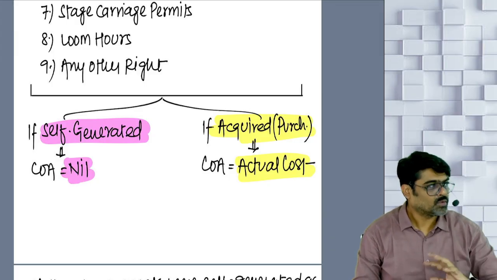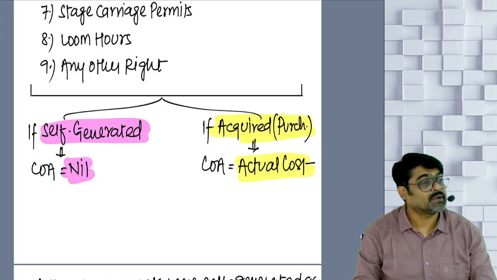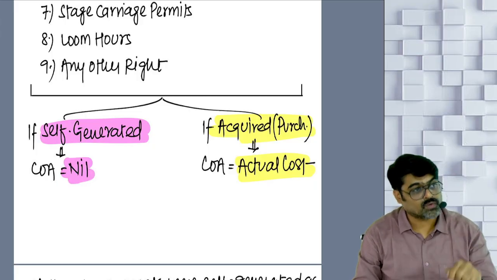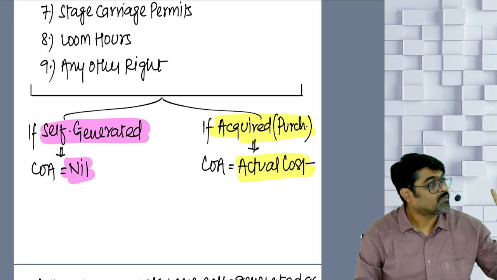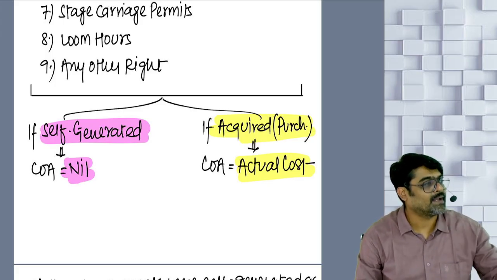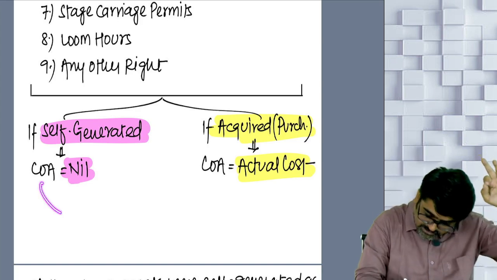We know that there is no method which can be used to determine that cost. But we have to charge tax on the capital gain. For that, we have to define the cost. And for the purpose of calculating the capital gain, we are defining the cost as nil.